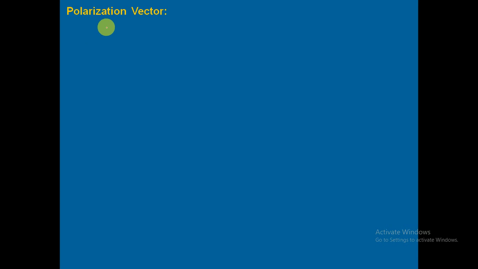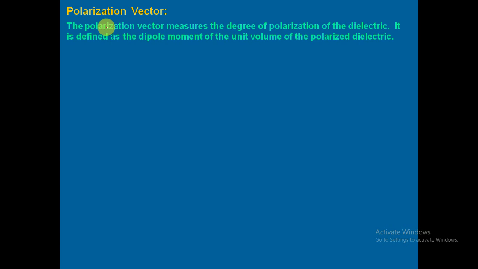Polarization vector. The polarization vector measures the degree of polarization of the dielectric. It is defined as the dipole moment per unit volume of the polarized dielectric. We know that when a dielectric is placed in the electric field, it will get polarized. So how much dipole moment is induced per unit volume is called the polarization vector.